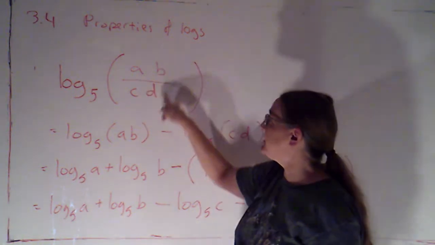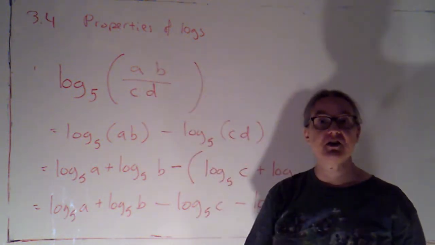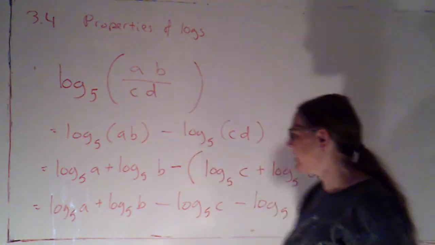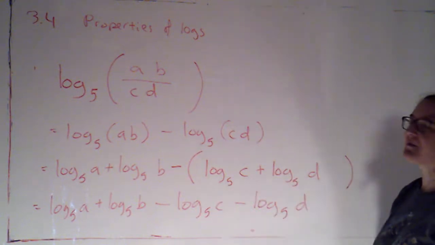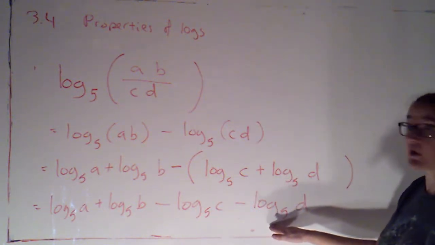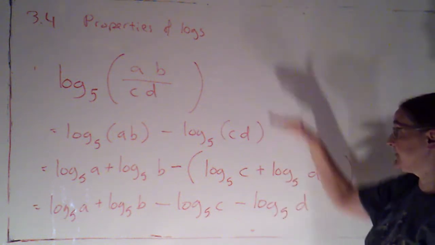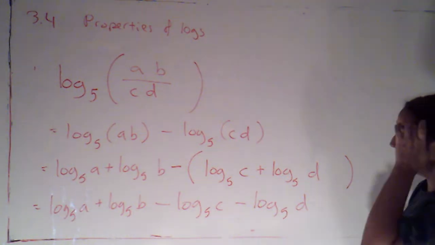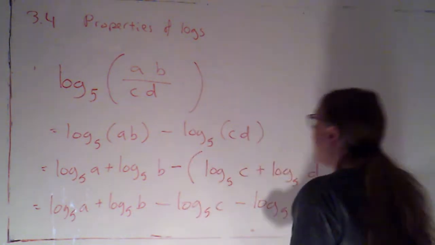I've got 4 things connected by multiplication and division. Everything on top, I take its positive log. Everything on bottom, I take its negative log, or I subtract the log for that factor. That's a nice shortcut, and I am fine with you going right from here to here, but I wanted to show you why that works.